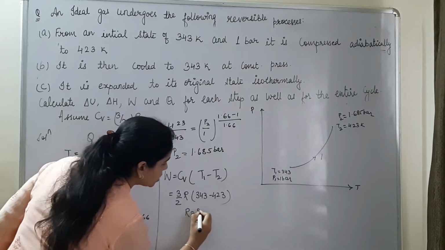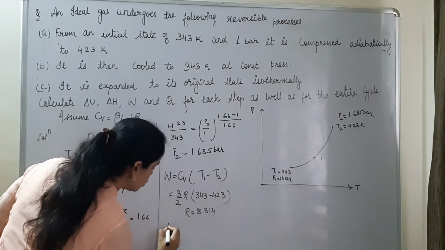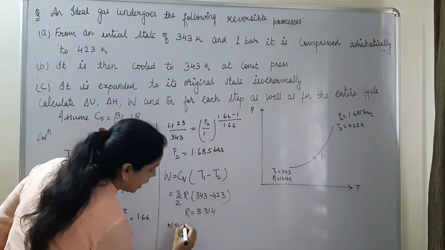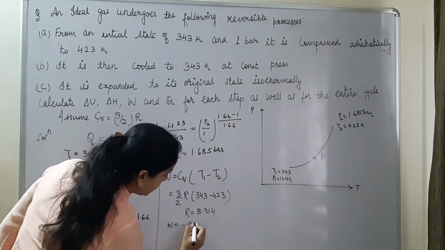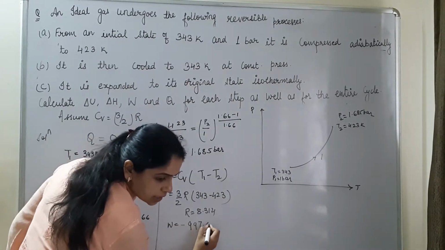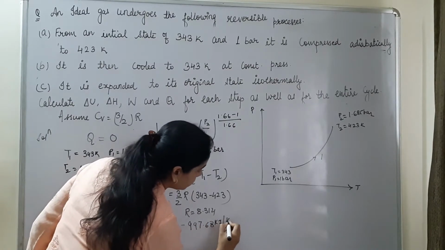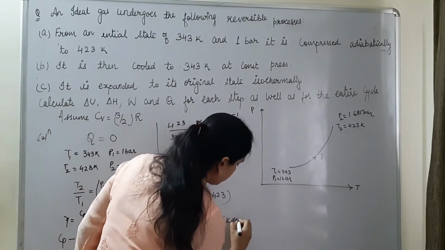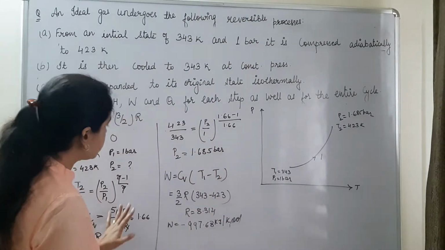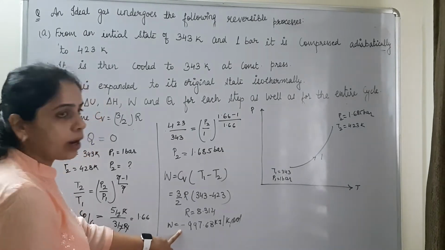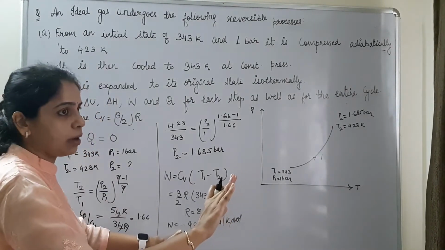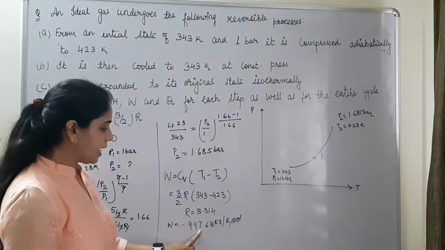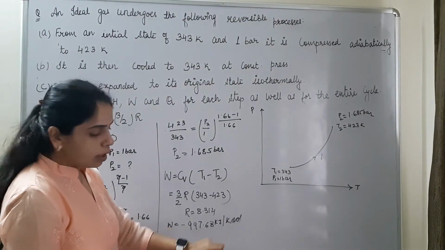The value of R is 8.314, and when you substitute all the values and solve this, you get the value of W as minus 997.68 kilojoule per kilomole. Q is 0, and W is negative because work is being done on the system, you are not getting the work.